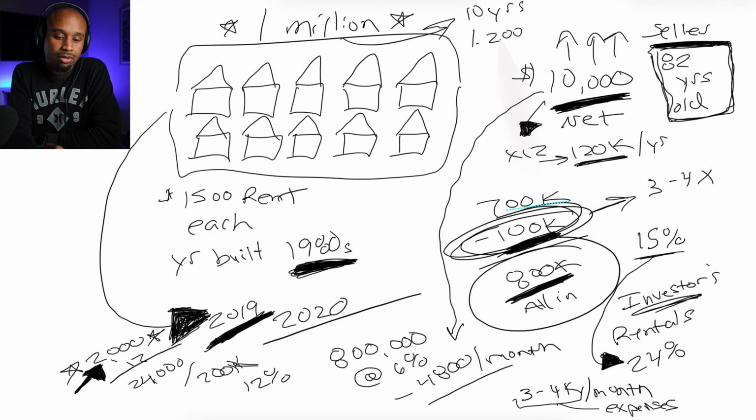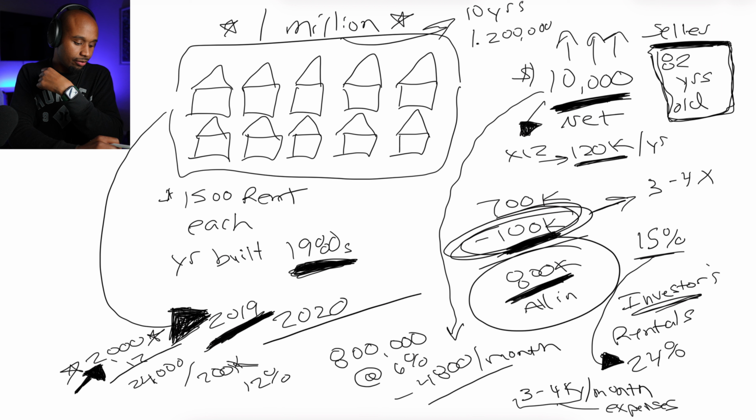But look, man, you got 1.2 million here, and you got 200 grand, and you've been making 24,000 the last 10 years. So you made 240,000 here. You've been making 240 grand here for the last 10 years.